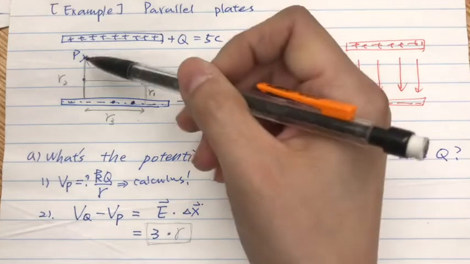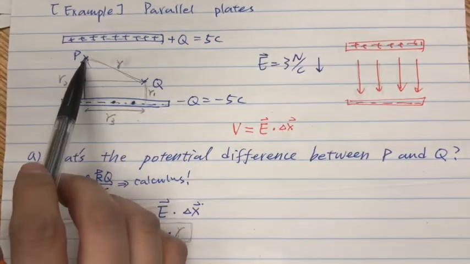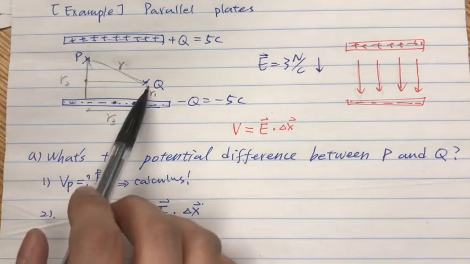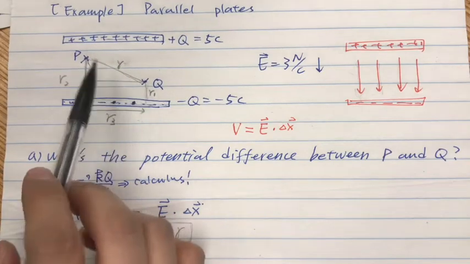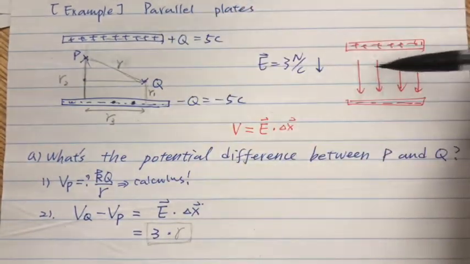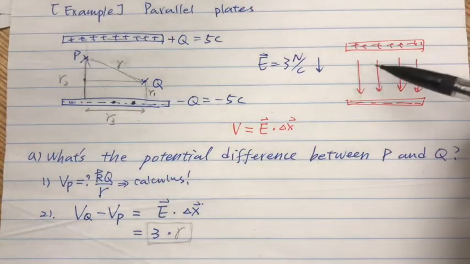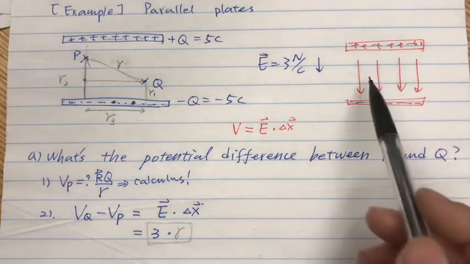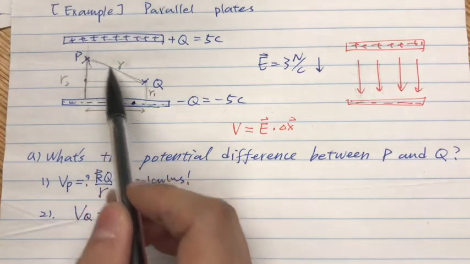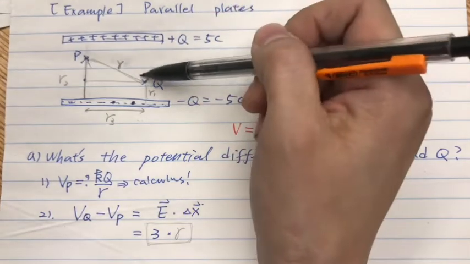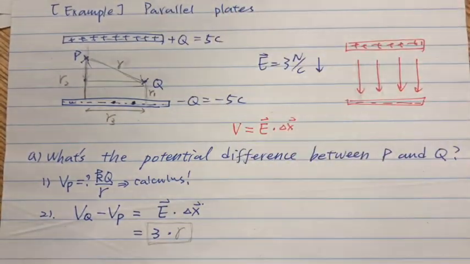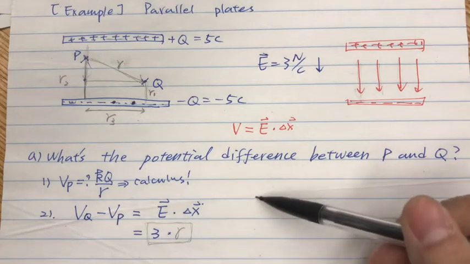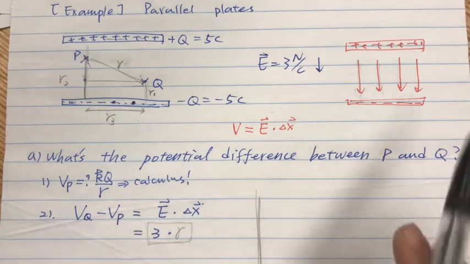Not all of the electric field is trying to push the point from here to here. This electric field only provides partial effort to push the particle from here, because the displacement and the electric field are not completely aligned.